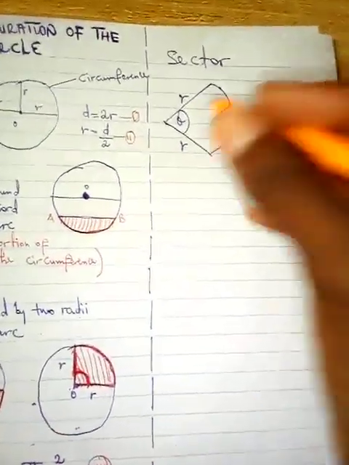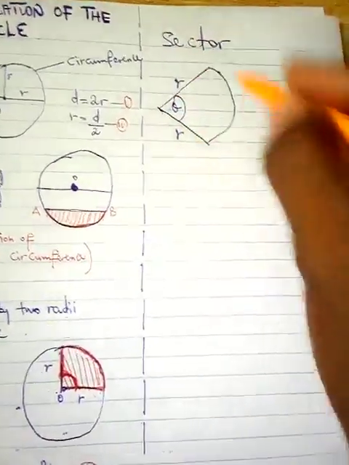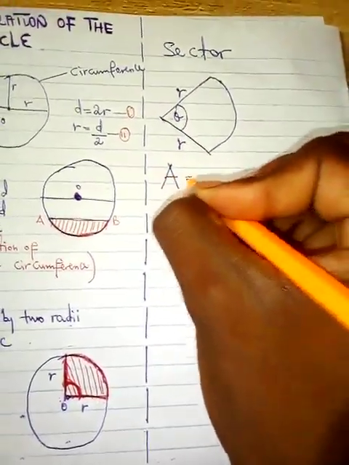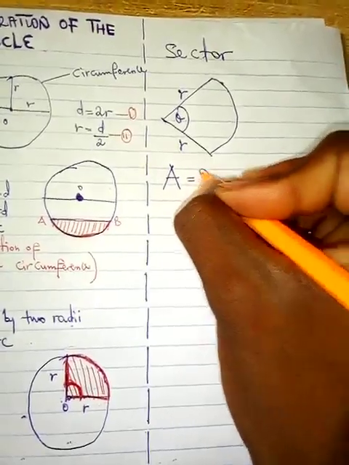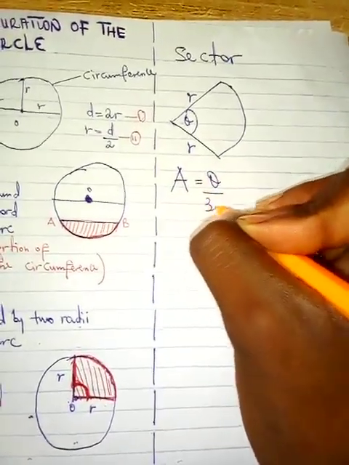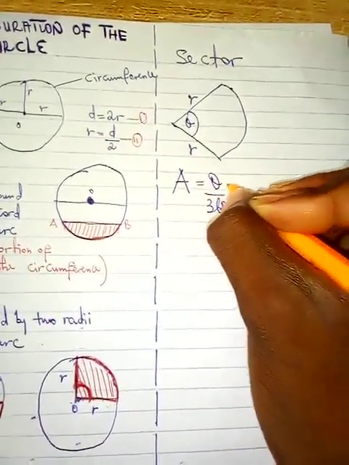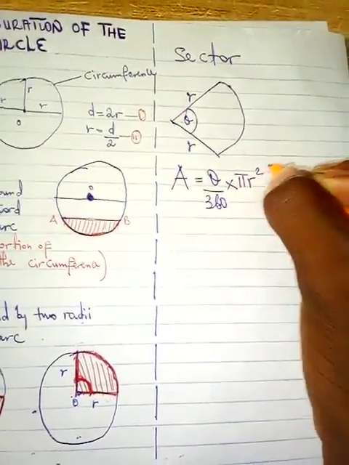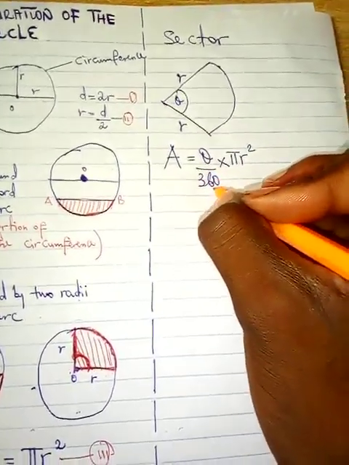If you're talking about the area formula of a sector, it is just going to be theta out of 360 multiplied by pi r squared. Why?